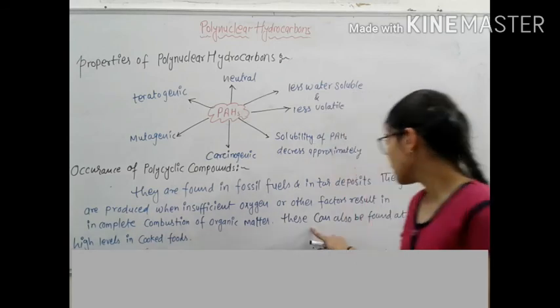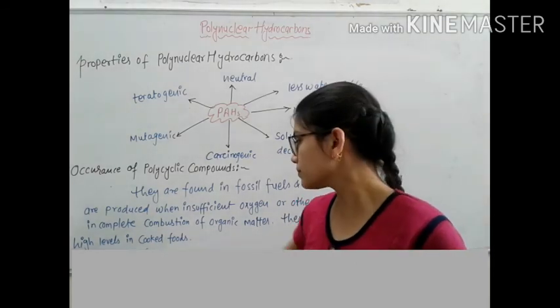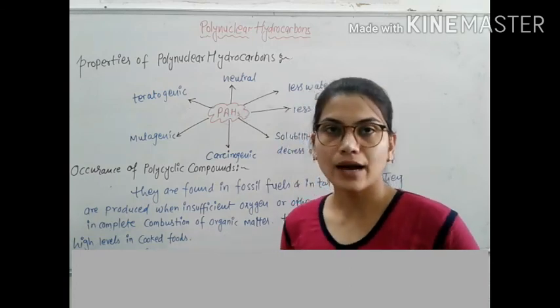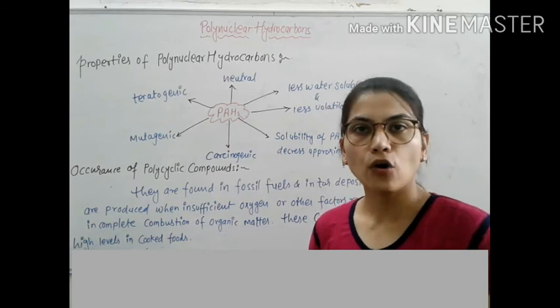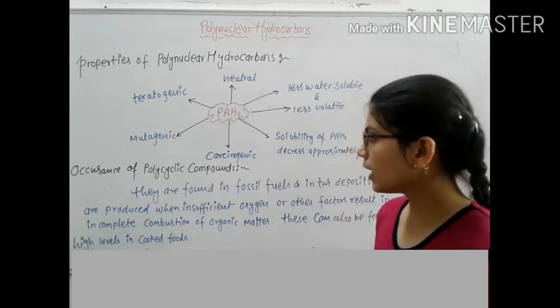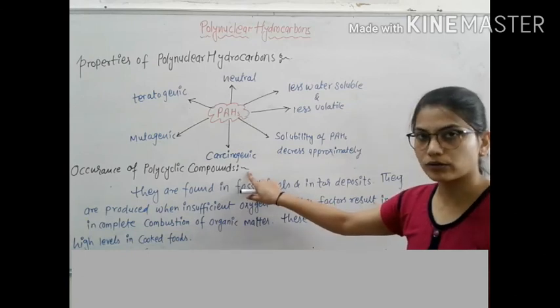These can also be found at higher levels in cooked food, for example in meat cooked at a high temperature over open flame. All are the occurrence of polycyclic compounds.